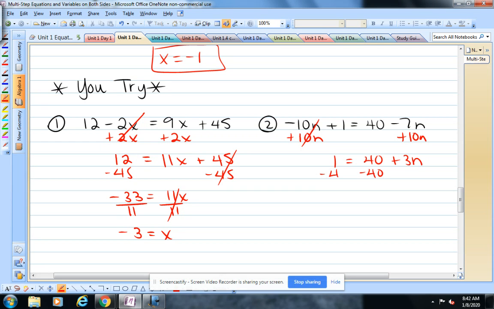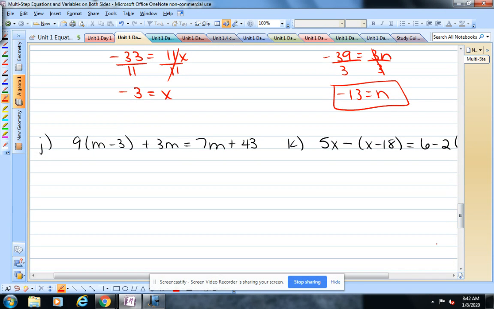Subtract 40 on both sides. What's 1 minus 40? Equals 3n. And then I divide by 3. And what do I get? Negative 13 equals n. Raise your hand if you got negative 13 for your final answer. Do I need to work it the other way for anybody? All right, good job.